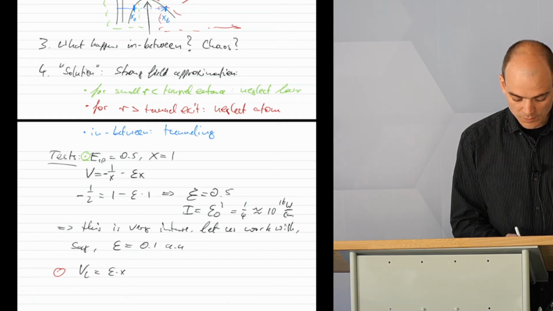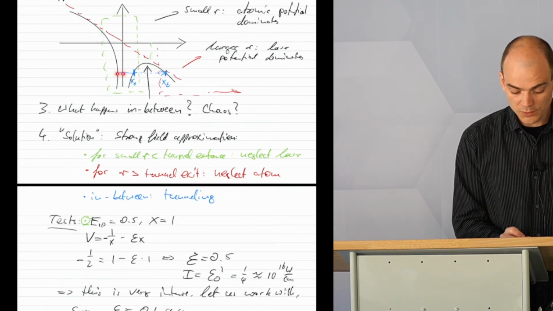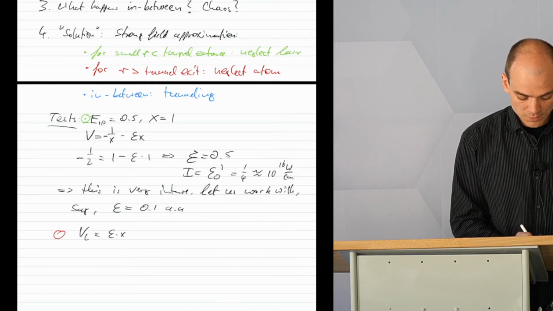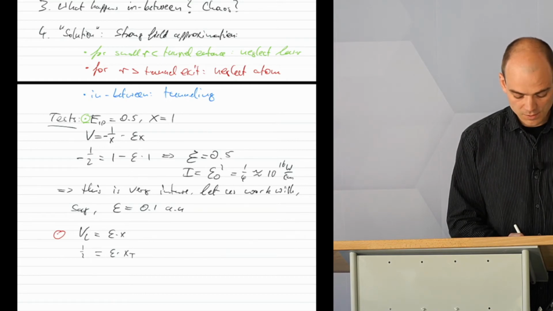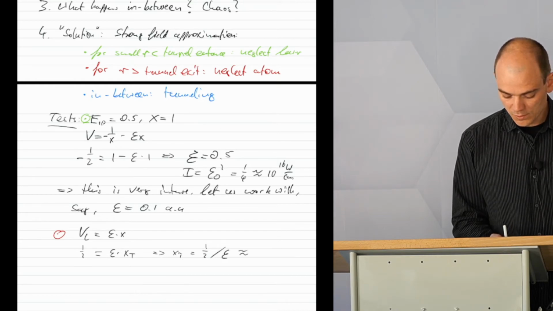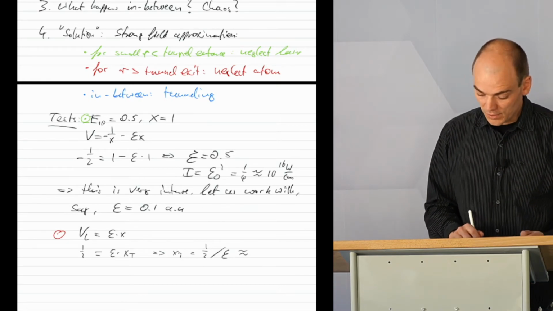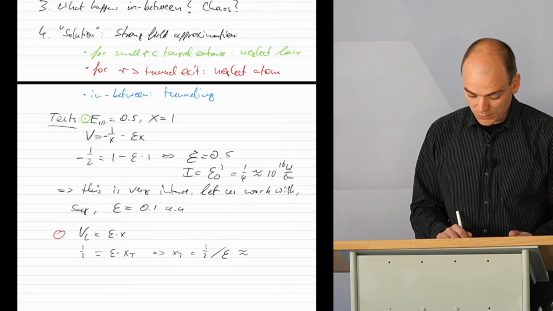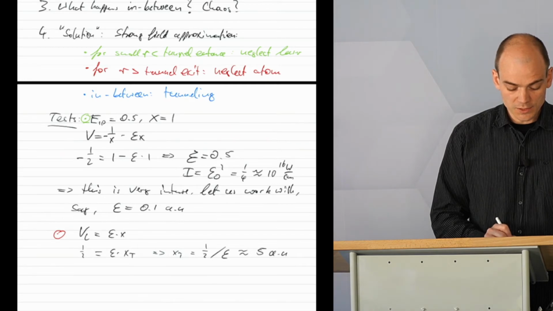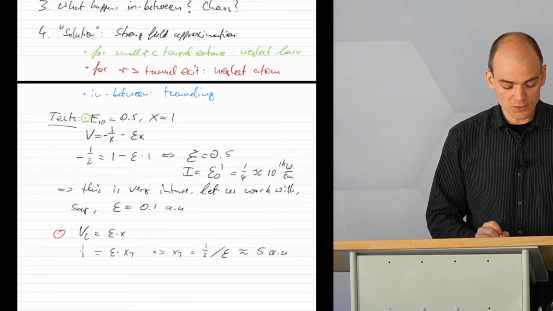The electron doesn't gain energy during tunneling, so this should again be 1/2 times tunnel exit, and so the tunnel exit then would be 1/2 over electric field, and so for example 5 atomic units in our example here, and there, then we can plug the 5 in here.